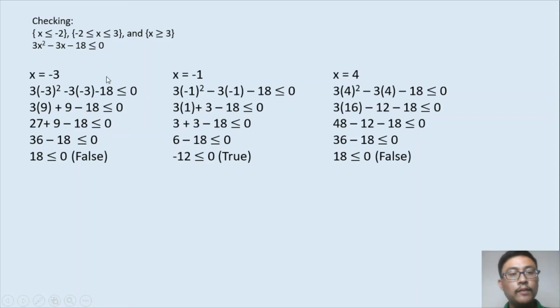Yung x is greater than or equal to negative 2 and less than or equal to 3, that's the only values that will satisfy the inequality. Kaya yun lang yung true statement doon sa ating first example. Okay?